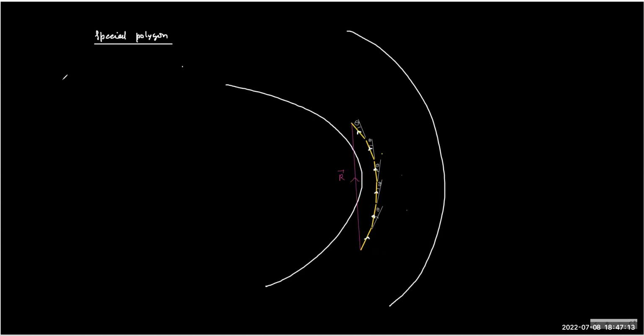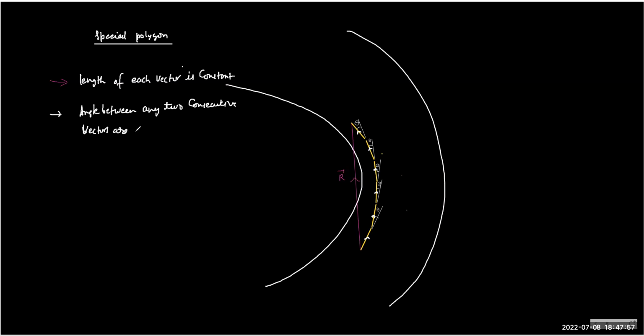So in this special discussion, what we should mention here is: the length of each vector is constant, and the angle between any two consecutive vectors is equal.